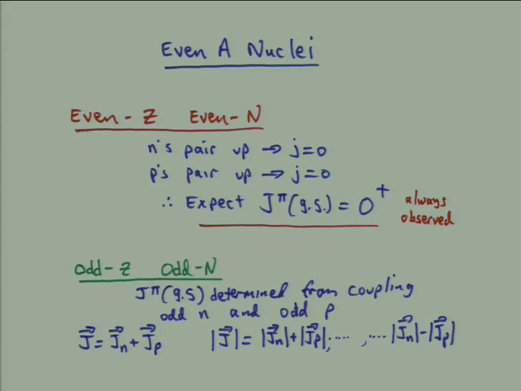So for example, let's just go through a case. Suppose Jn, let's take a simple case, is a half, and Jp, let's say, is 7 halves. Just for example, okay? So what are the possible J nuclear I could get by adding Jp and Jn?